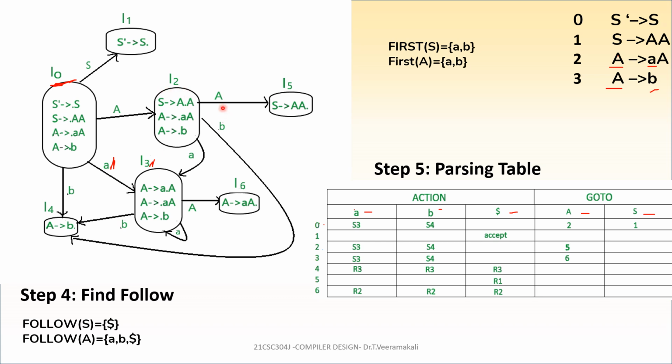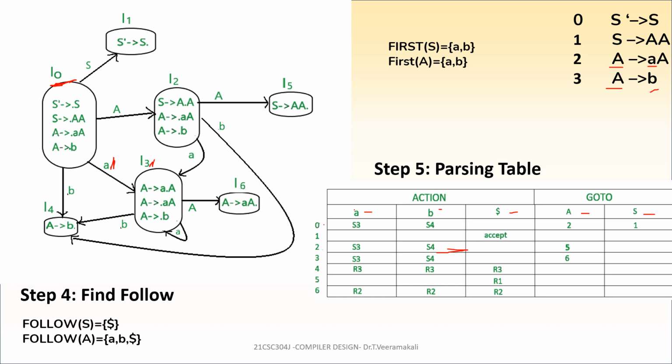I2. In I2, if the input is A, where does it go? I3. So in A, you have to mention S3. If it is B, where does it go? I4. Okay, you have to represent it as S4. Okay, and then go to I3.